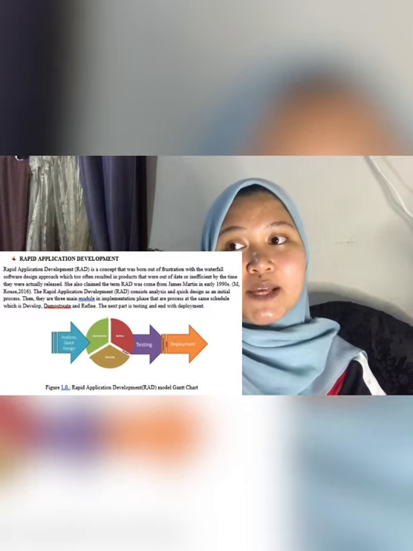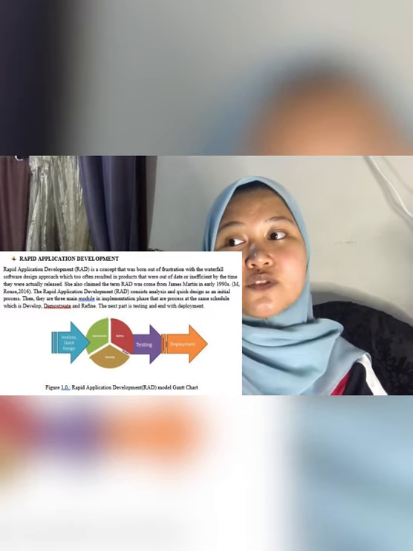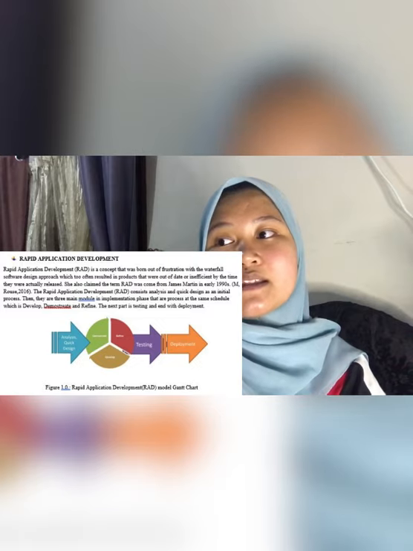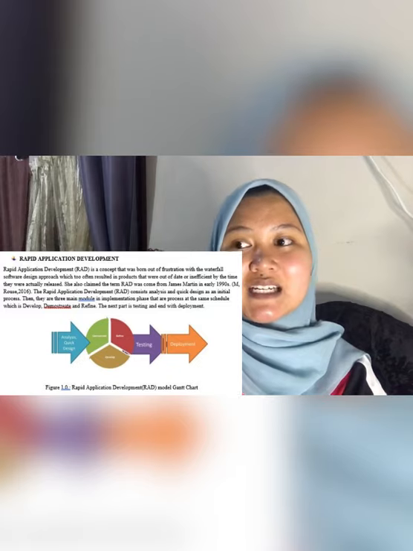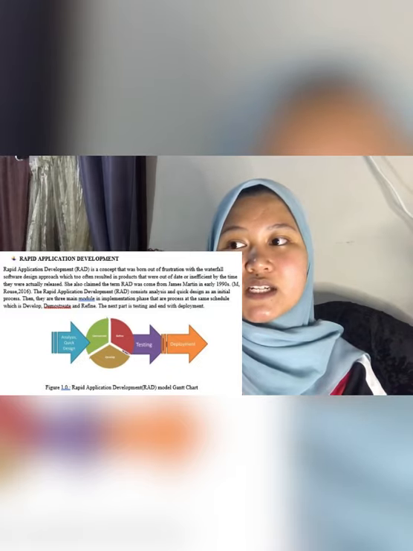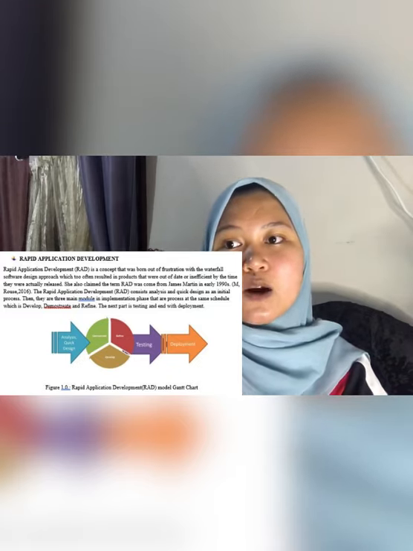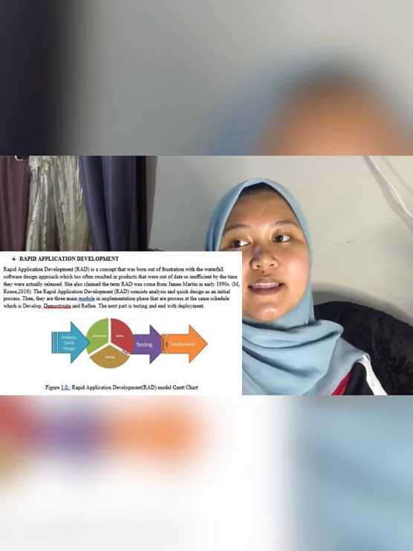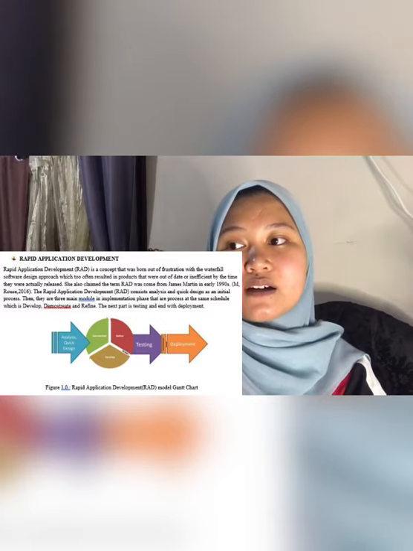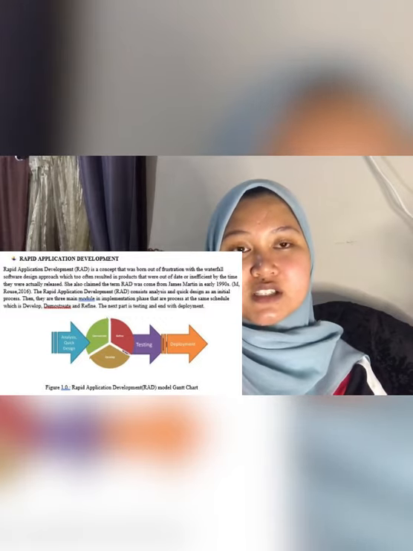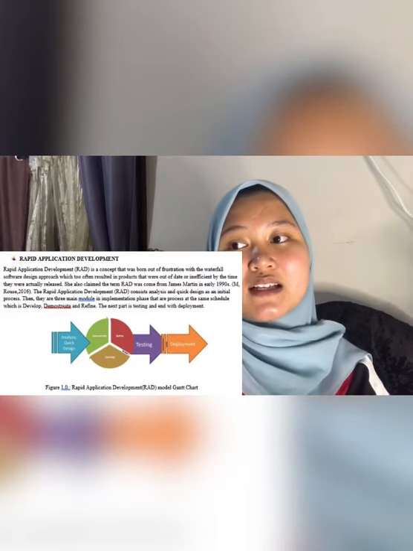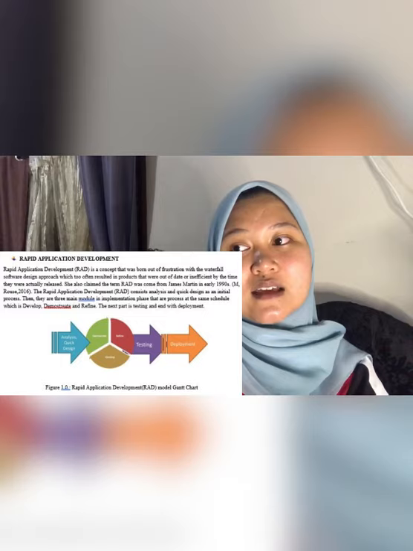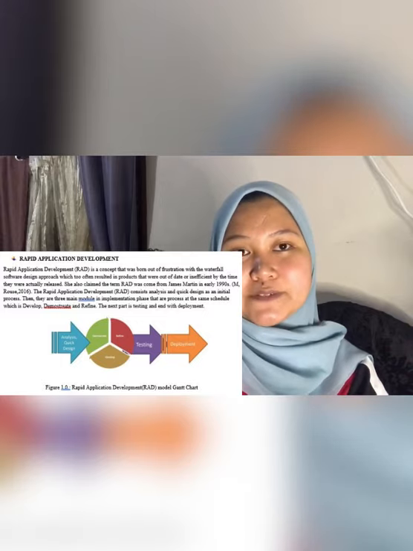The term RAD is said to come from James Martin in the early 1990s. RAD consists of analysis and quick design as an identification process. Then there are three main modules in the implementation phase, which are develop, demonstrate and refine, and the next part is testing and development.